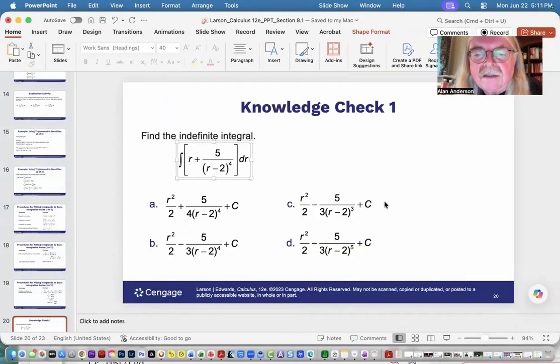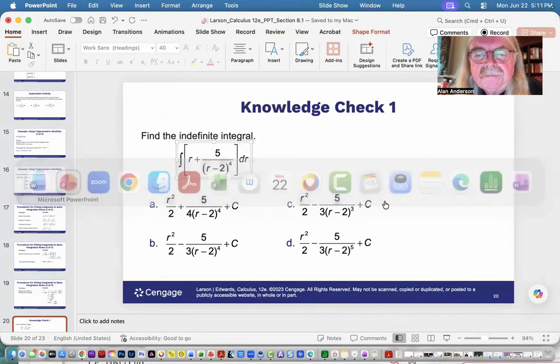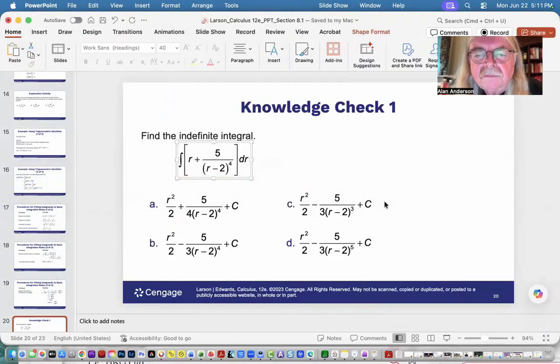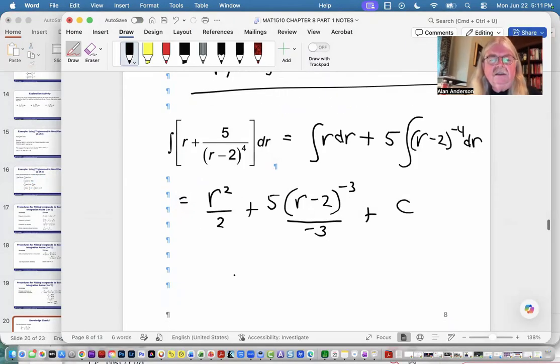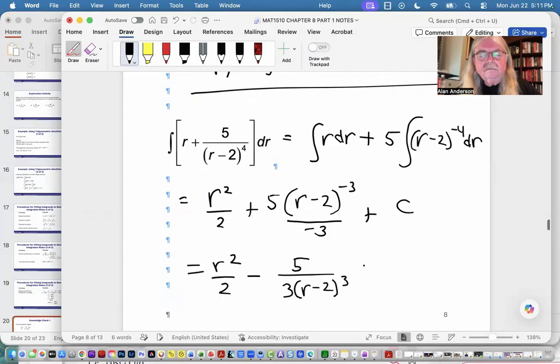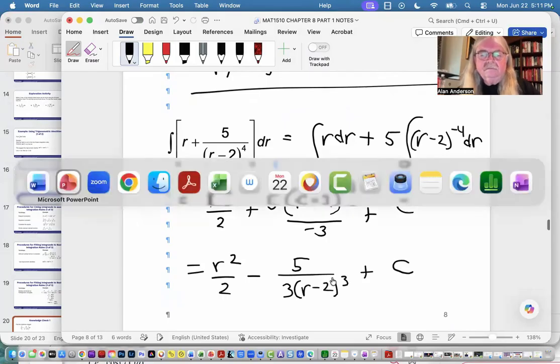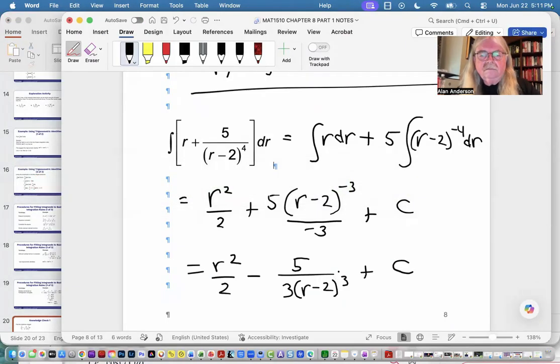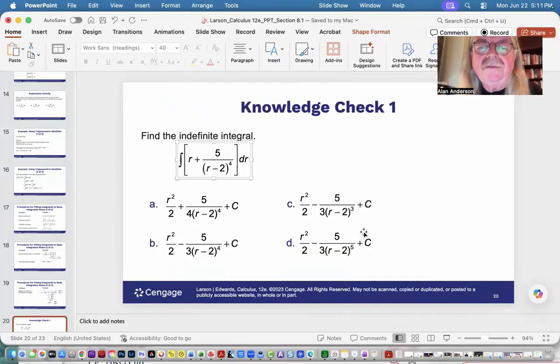So let's see what they did. Yeah, okay. Looks like they rewrote it, and that makes it letter C.